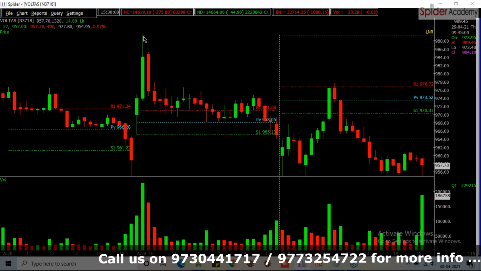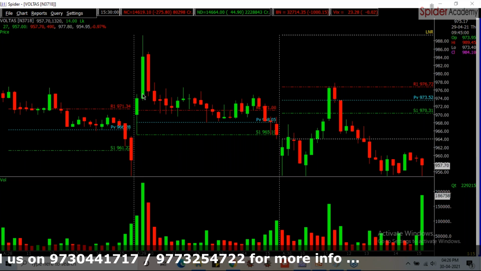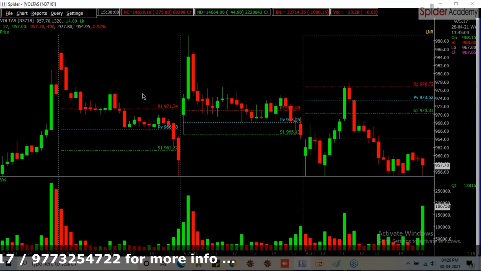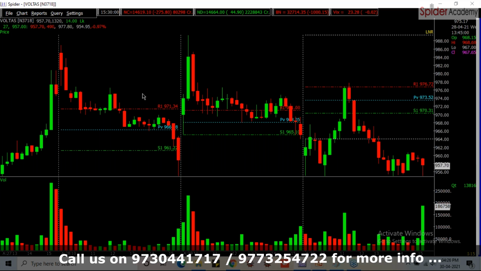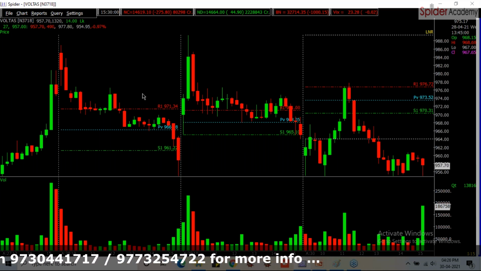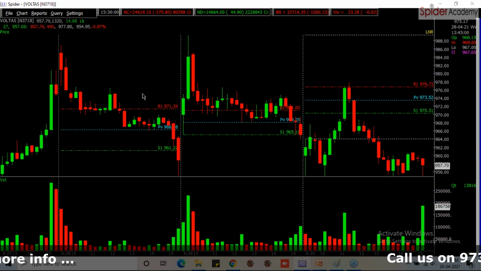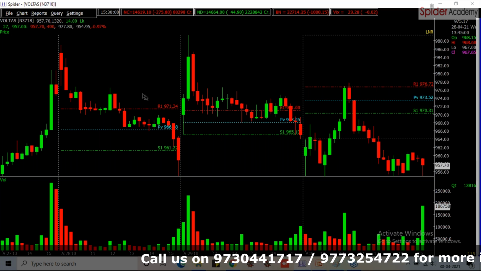And then we can see momentum caught up in the second candle only. So you can change as per how the market is behaving. But due to this market summary and due to the CPR levels which are inbuilt in our Spider software, we can find such momentum stocks for intraday. And if you get 1 or 2 trades in a single day, that is more than enough for you.